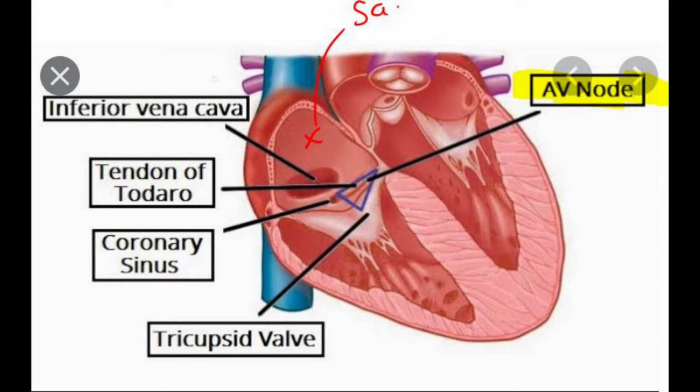It's also noteworthy that there is a separation from the rough part to the smooth due to the presence of the pectinate muscles near the terminal crest. Then we also have the fossa ovalis, which is present between the two atria near the atrial septum.